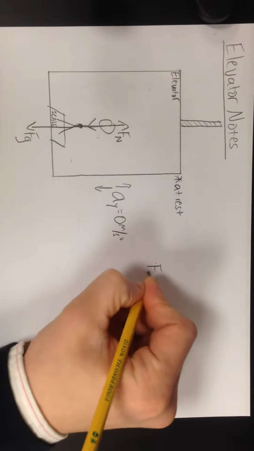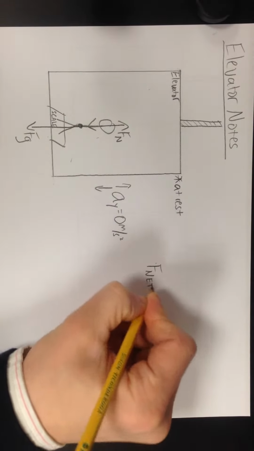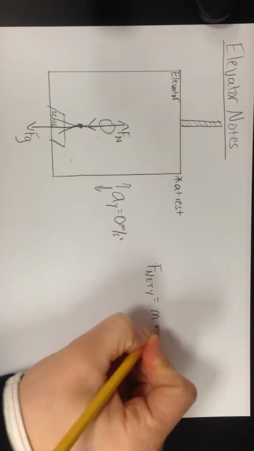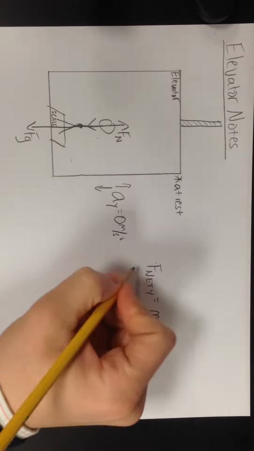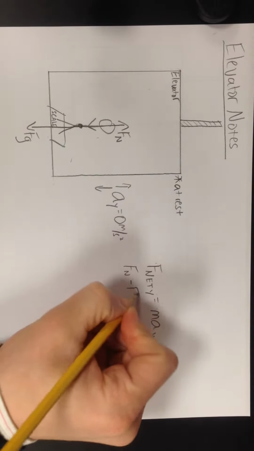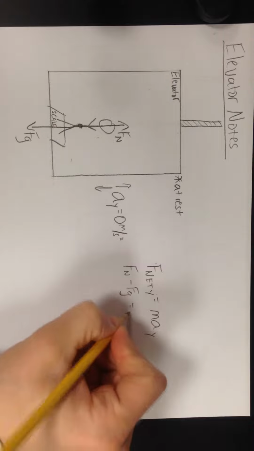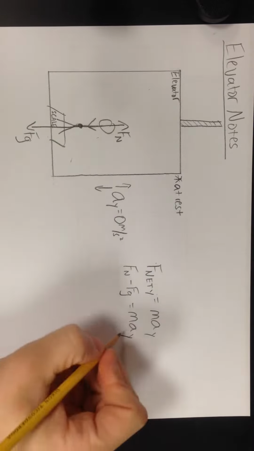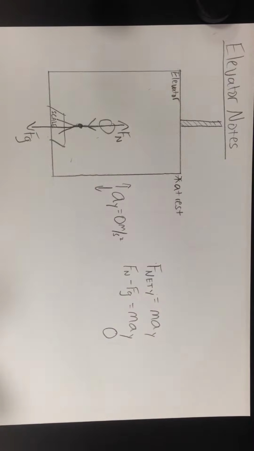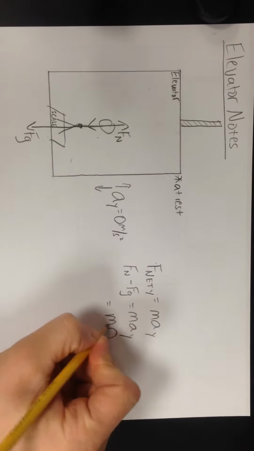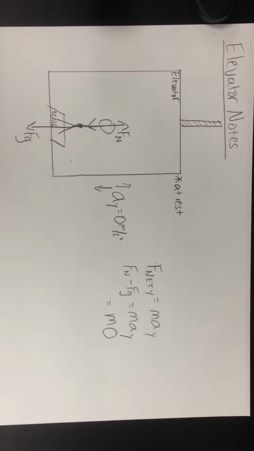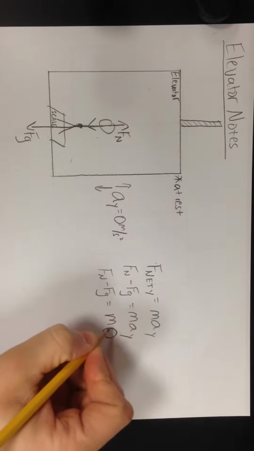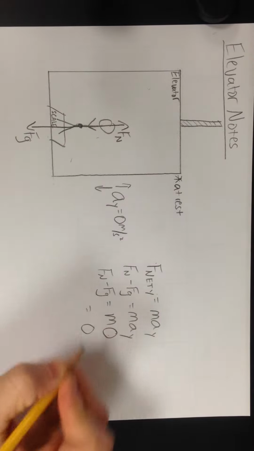So if you were to apply Newton's second law in the y direction, our net force would be the up force minus the down force, and a_y would be 0 because you're at rest, not moving up or down. So then what would happen to Fn and Fg? Well, this whole m times 0 is 0.